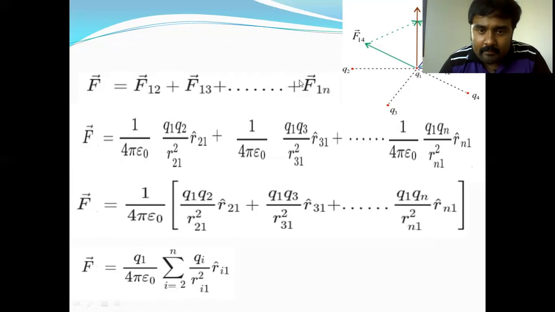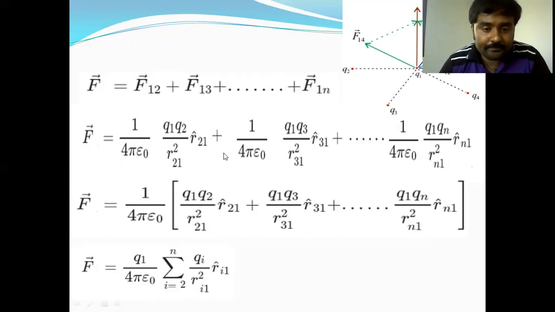Finally, F1n means the force acting on plus Q1 due to the nth charge. That is 1 divided by 4 pi epsilon naught, Q1 Qn divided by Rn1 square, where Rn1 is the distance from the nth charge to Q1. Direction is Rn1 cap.